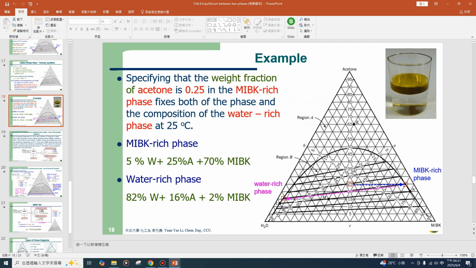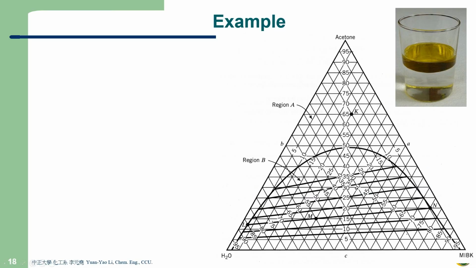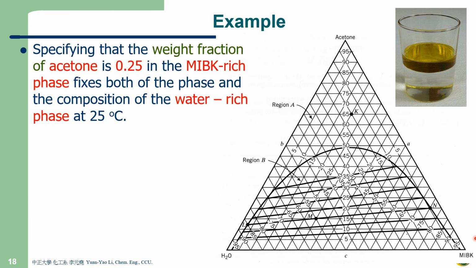I want to use this example to practice with you again, and after that we move to another example. So this is specifying a weight fraction of acetone of 0.25 in the MIBK rich phase, and fixing both phases on the composition of the water-rich phase at 25 Celsius.